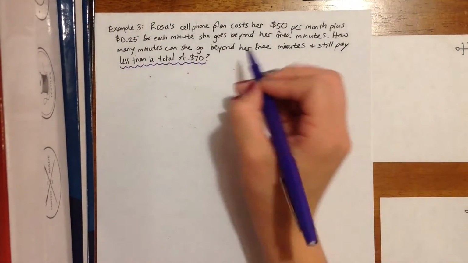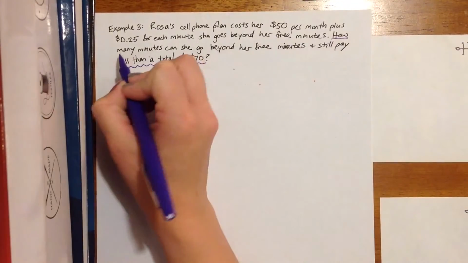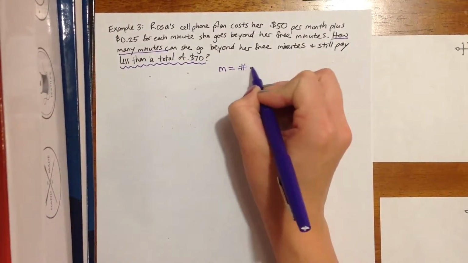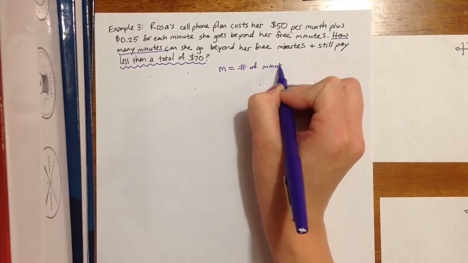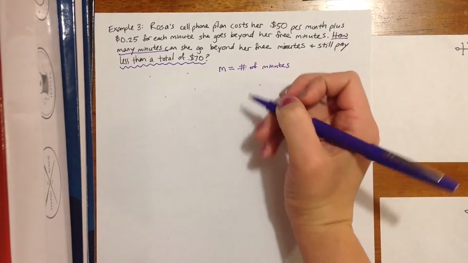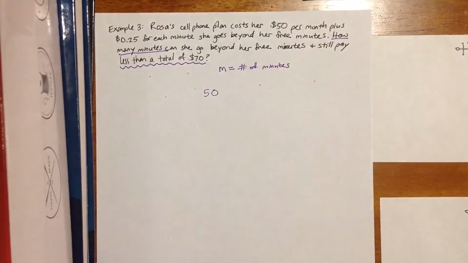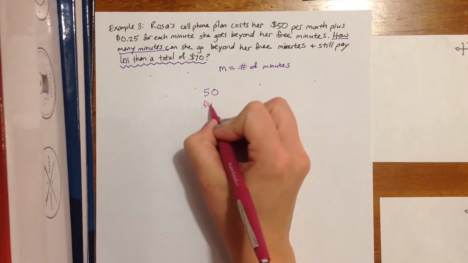So I'm going to say, how many minutes? I'm going to let m be my variable. This is the number of minutes that we are talking about here. So $50 per month. That is a flat fee, flat fee all the time.